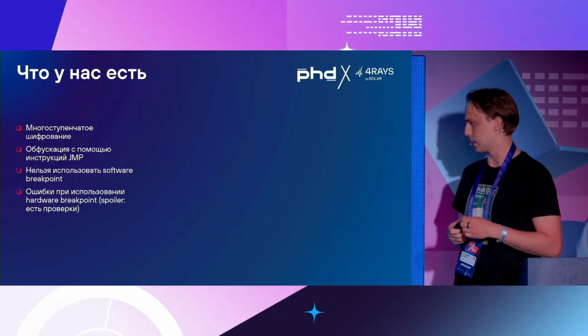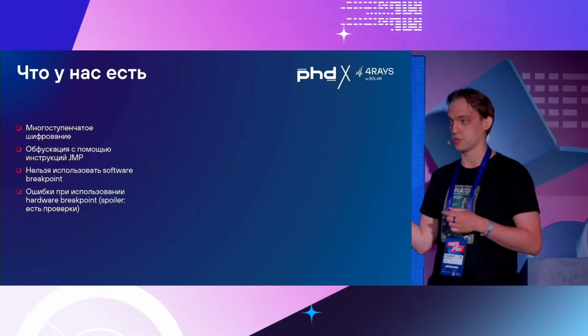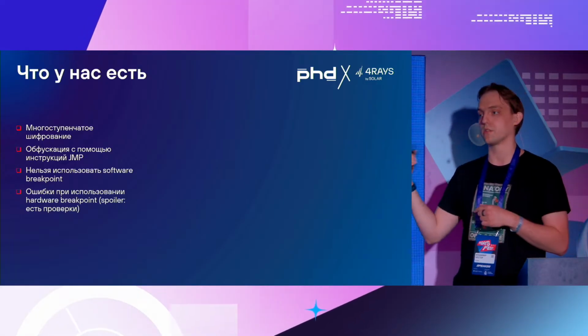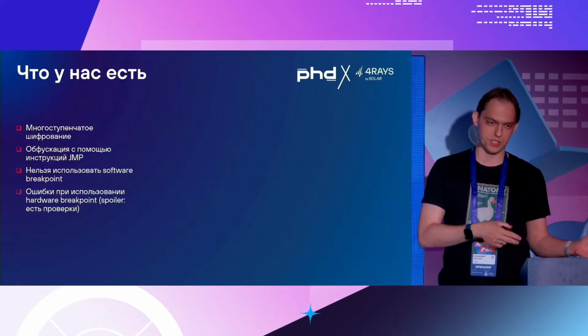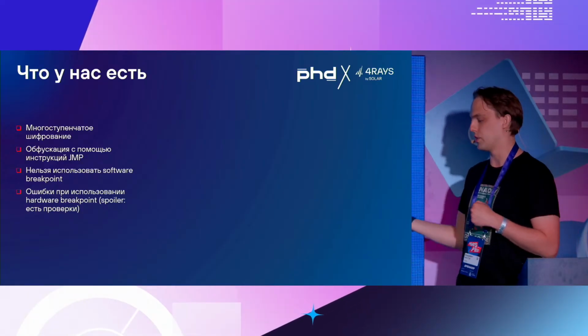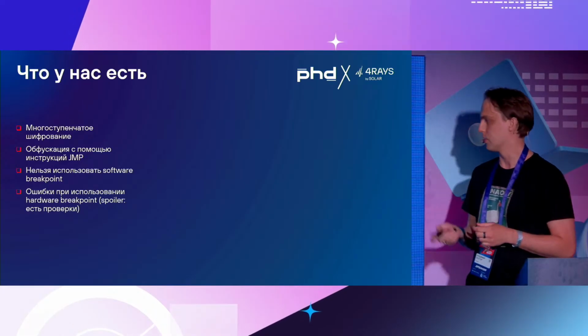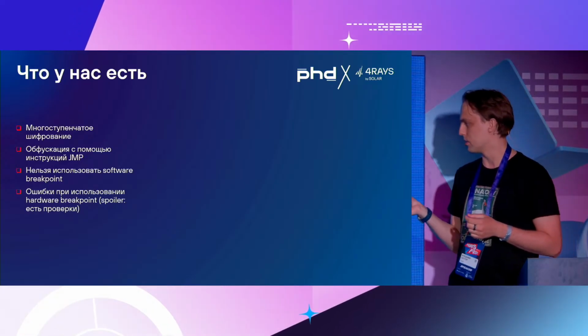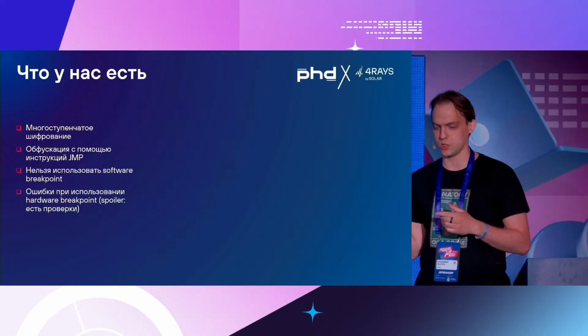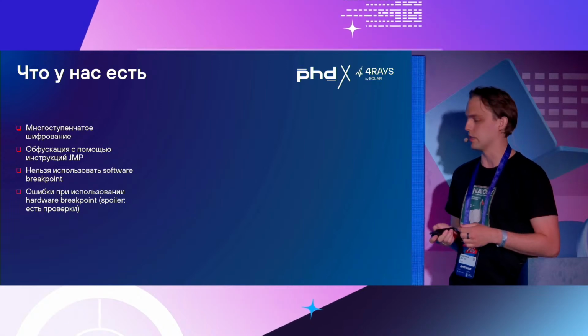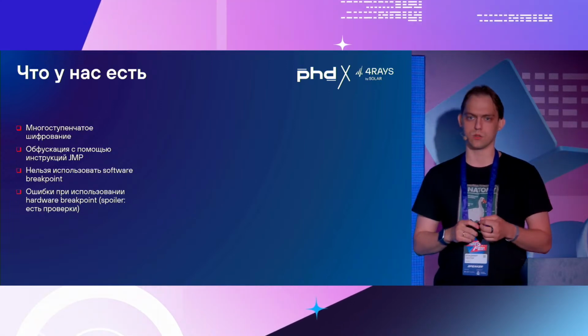It would be intercepted by the debugger, but the debugger would not show that the memory has been changed. If we put a breakpoint, it means that we are changing the key, and we will not see our payload and further guidelines. And besides, you cannot use the hardware breakpoints, but that was a rare case and there were just some checks.